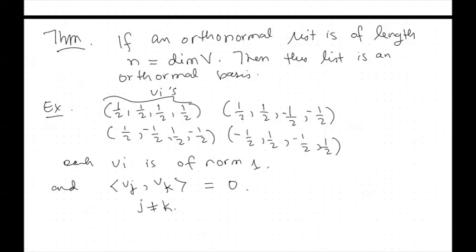Okay, because there are 4, the cardinality of this list is 4.